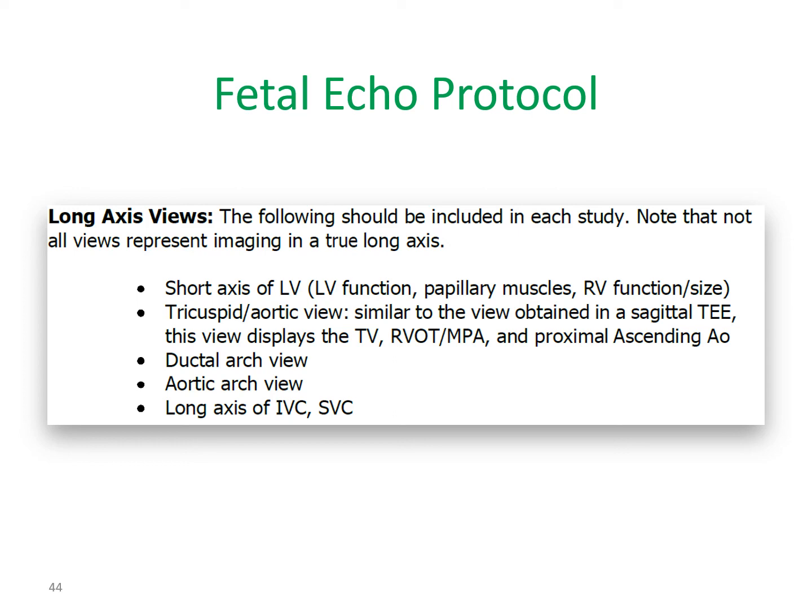It shows the atrioventricular valves, the mitral and tricuspid valves, en face, the morphology of those valves, and the papillary muscles within the left ventricle and their arrangement. It also shows the ductal and aortic arches with slight angulation. You can see those clearly, and then the long axis of the aortic arch and proximal descending aorta, and also a long axis of the bicaval view, which shows the IVC and the SVC entering the right atrium.